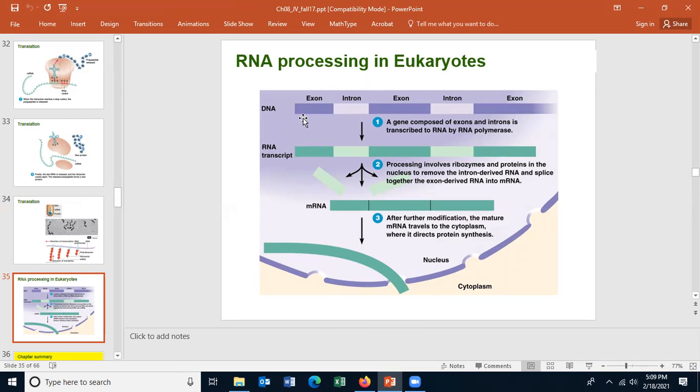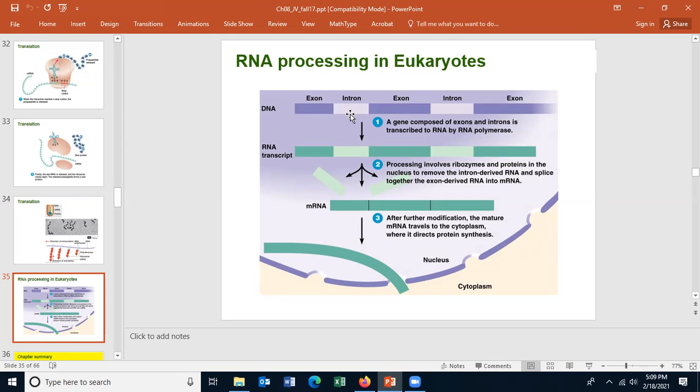Exons are the portion of the DNA that actually codes for the gene products, meaning if the gene codes for a protein, the exon is the part of the gene that codes for the protein. The introns do not code for the product. They do not code for the protein.